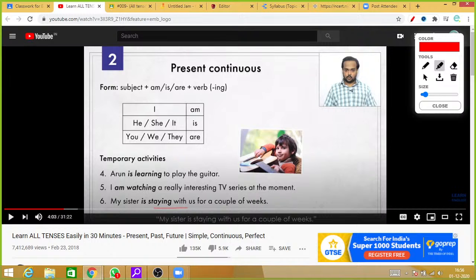The very fact that we talk about for a couple of weeks means she will stay here for some time. Couple of weeks will mean what? What does that mean? Who will tell me? What does couple of weeks stand for?